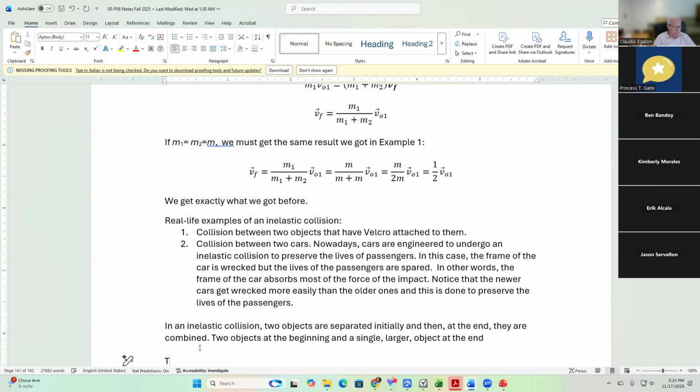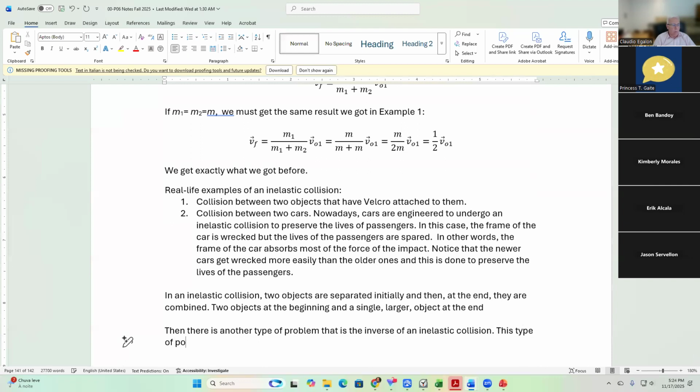Then there is another type of problem that is the inverse of an inelastic collision. I like to refer to them as explosions, okay?